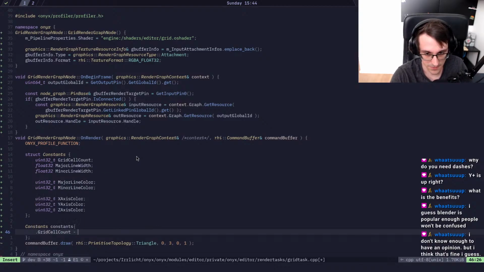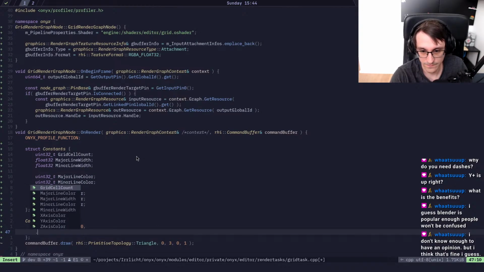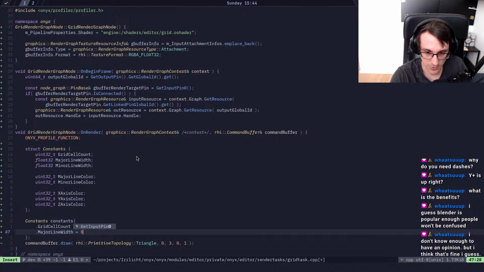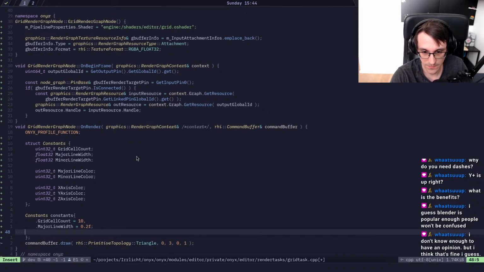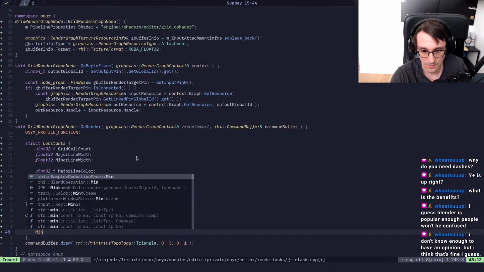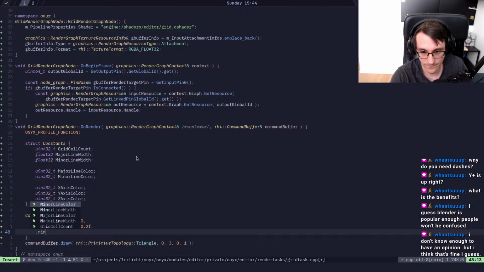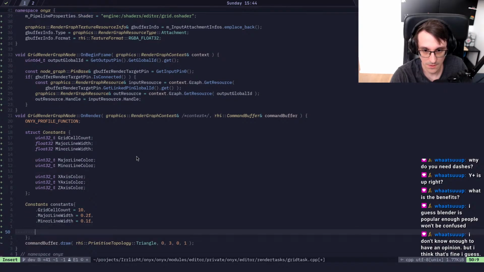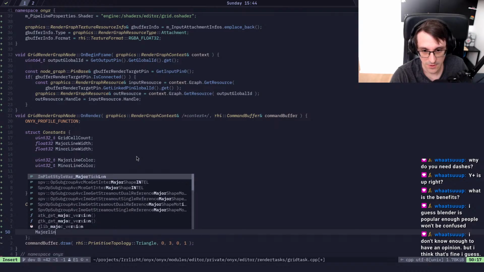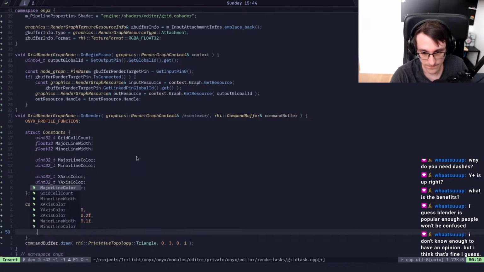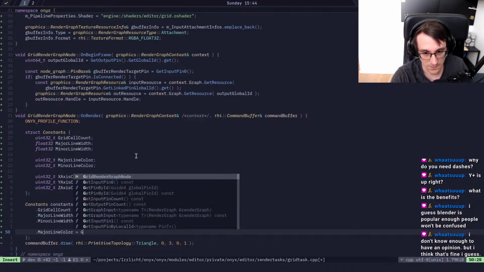Grid cell count is, let's do 10. Major line width is at this 0.2. Minor. Major line color I think is a red.